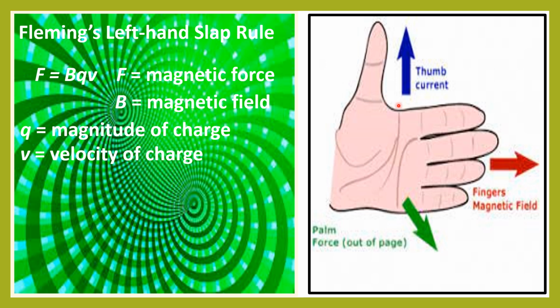Here, the thumb represents the direction of the velocity of the charge, or it may also represent the direction of the current.